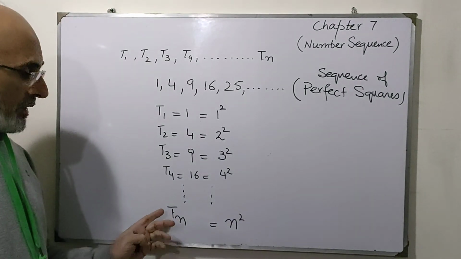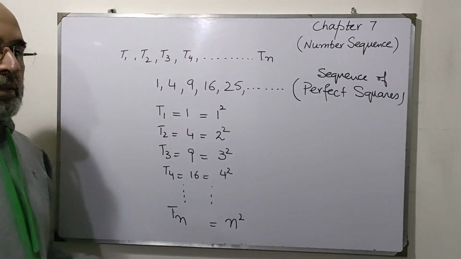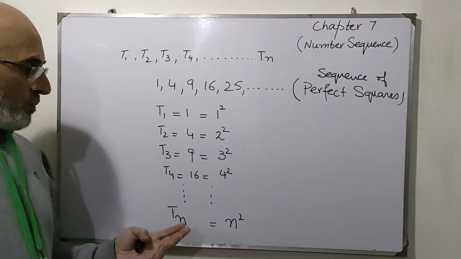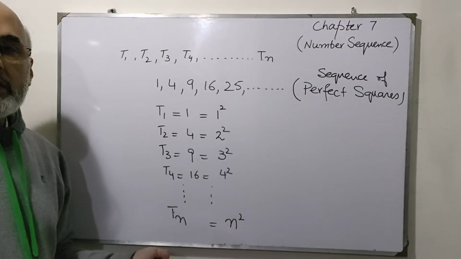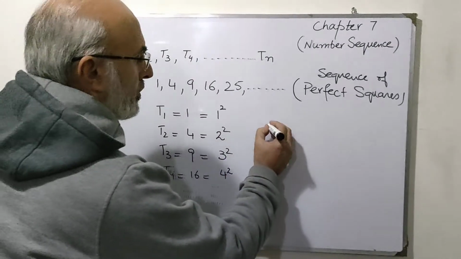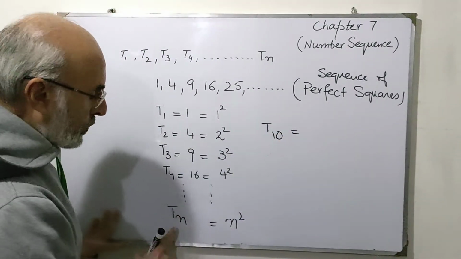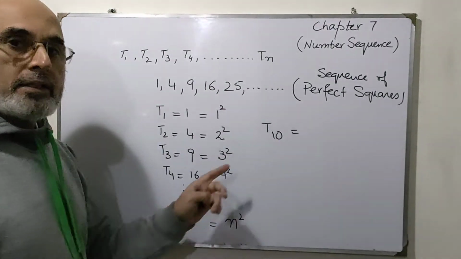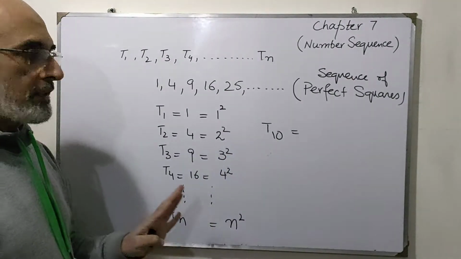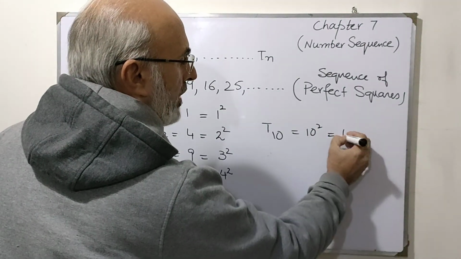Now we have generalized this. If I need to know the value of the 10th term, I say T10, and the formula is n square. Whatever the term number is, I am going to square that. So it will be 10 square, and the value is 100.